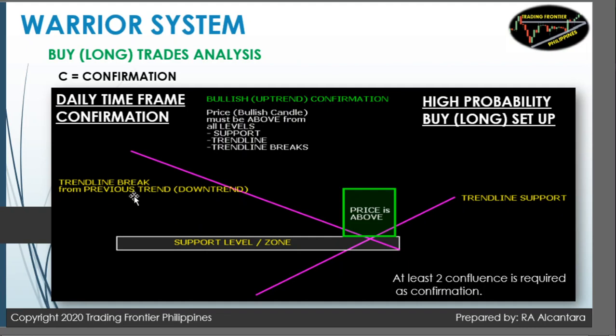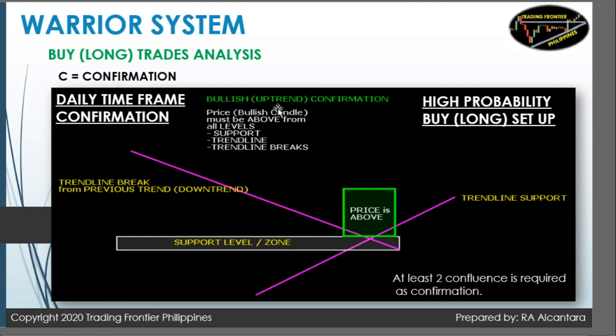Or there are also instances that there's no counter trend line break. So either of the two, but definitely there will always be a horizontal support level or zone.